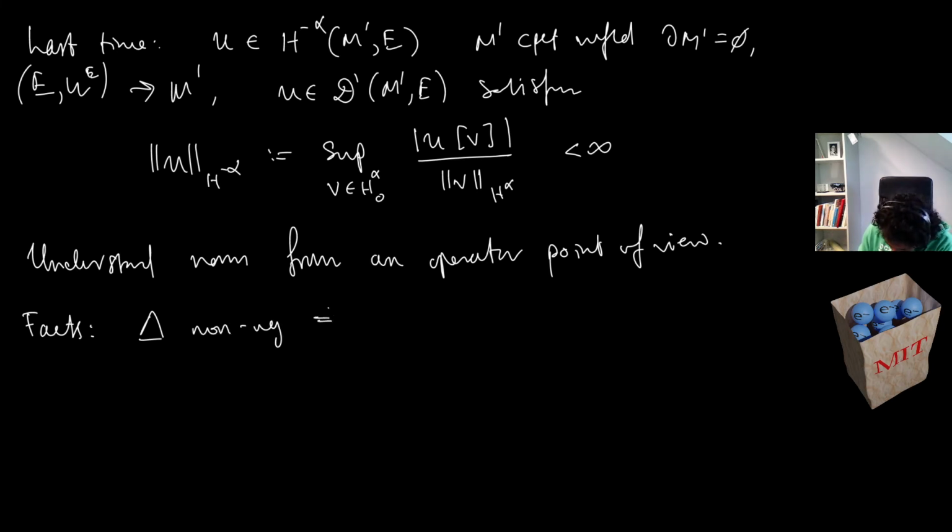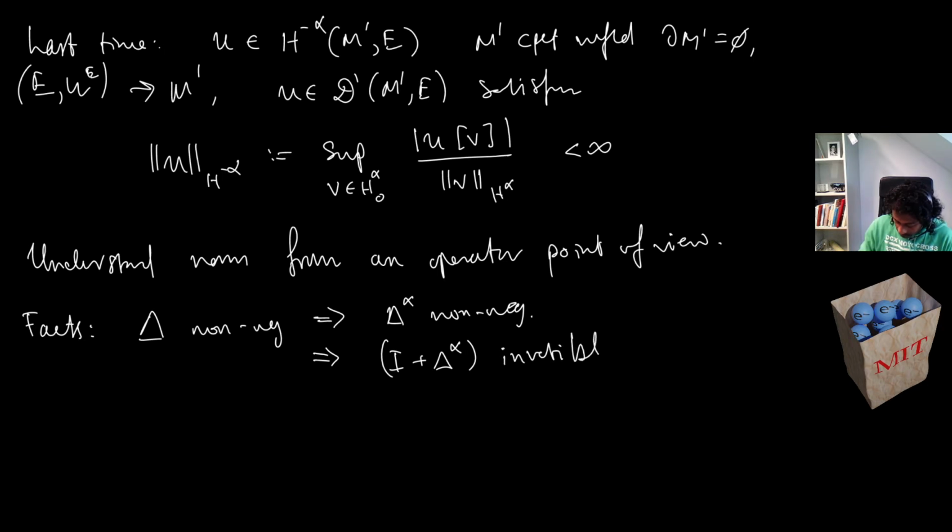And what that tells us now is that the fractional powers are also non-negative. And this actually allows us to assert that I plus the Laplacian to the alpha is invertible. Okay, so we see the reason for this later.